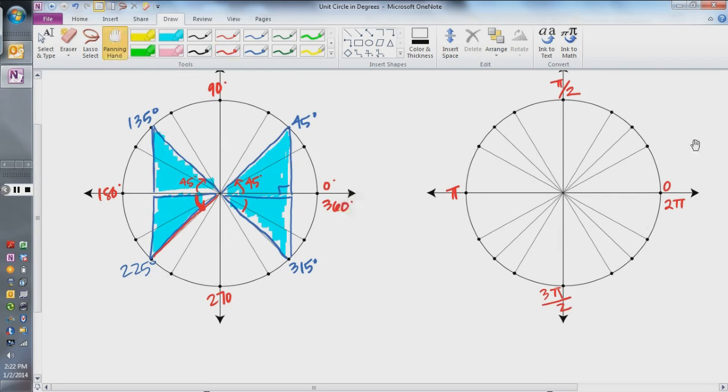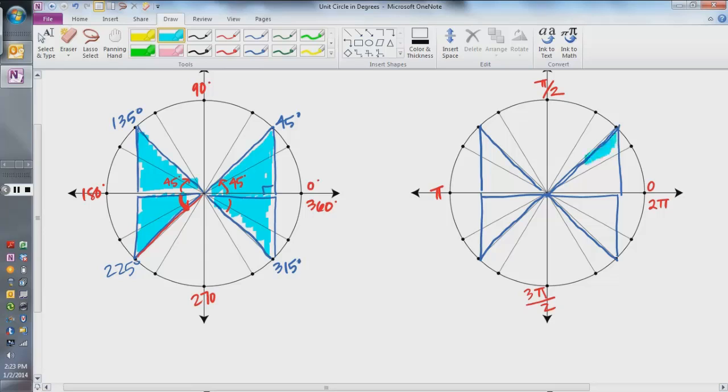So then what about those 45, 45, 90s that are embedded within this unit circle? Here's one of them. Here's another one. And I'm just dropping perpendiculars to the x-axis just like before. Okay. Now I'm going to color them in blue just like before. So here's one of my 45, 45, 90s.